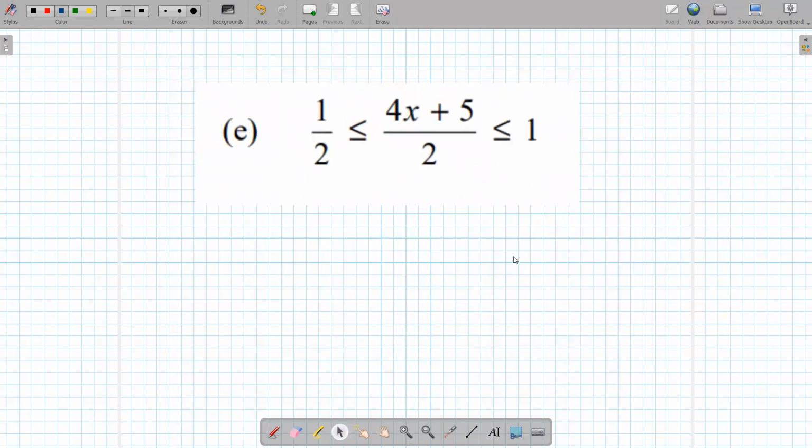What's the first step? What would you do on both sides? Remember, in the middle, we only want an x. We need to get rid of the 4, that 5, and the 2. Do you subtract 5?